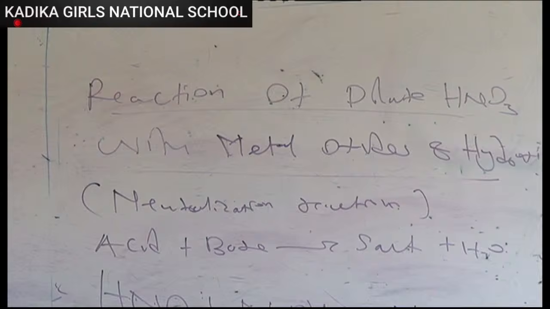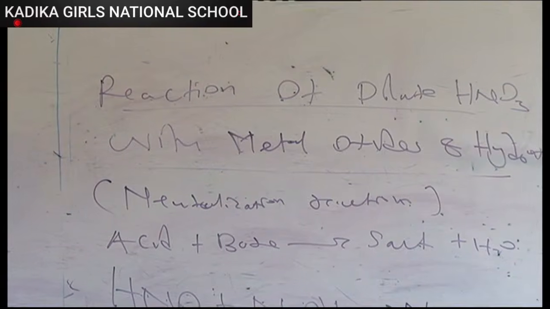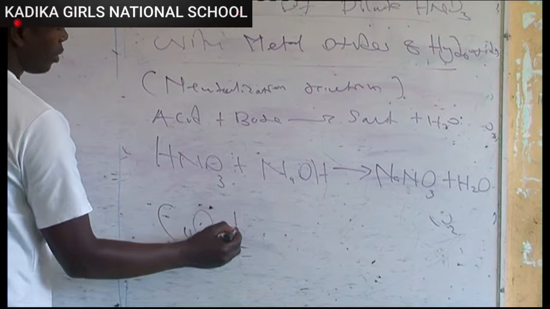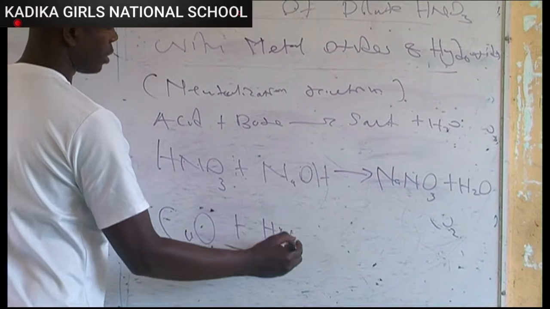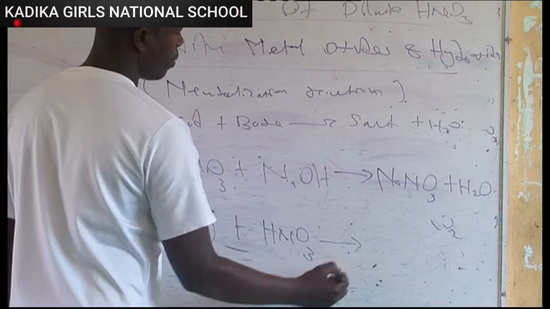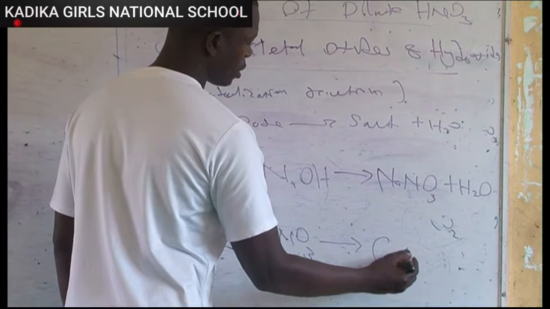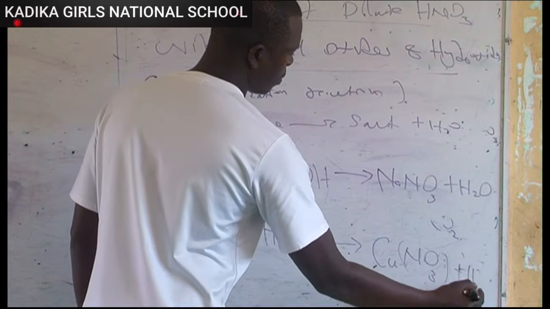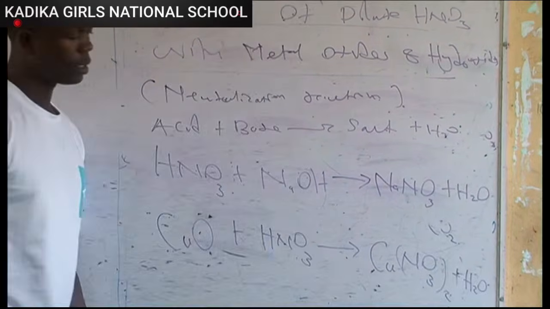But for the oxides, when you have something like copper(II) oxide, then I react with nitric acid. We form copper(II) nitrate plus water.